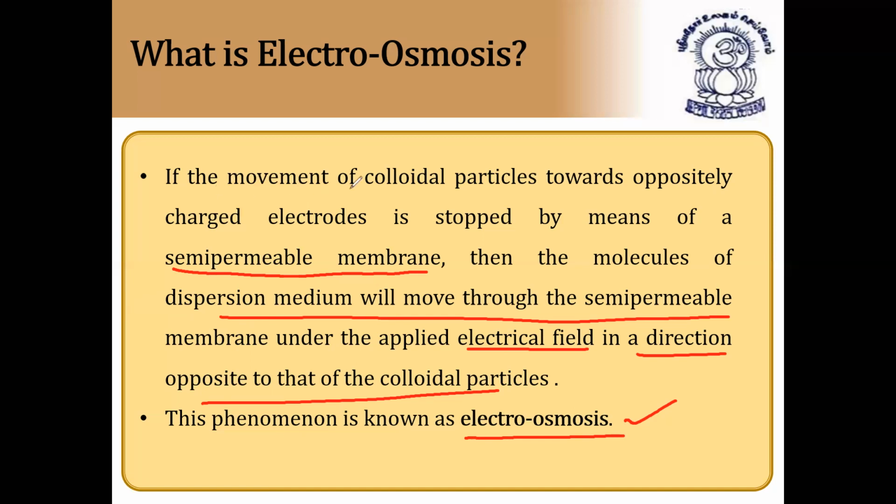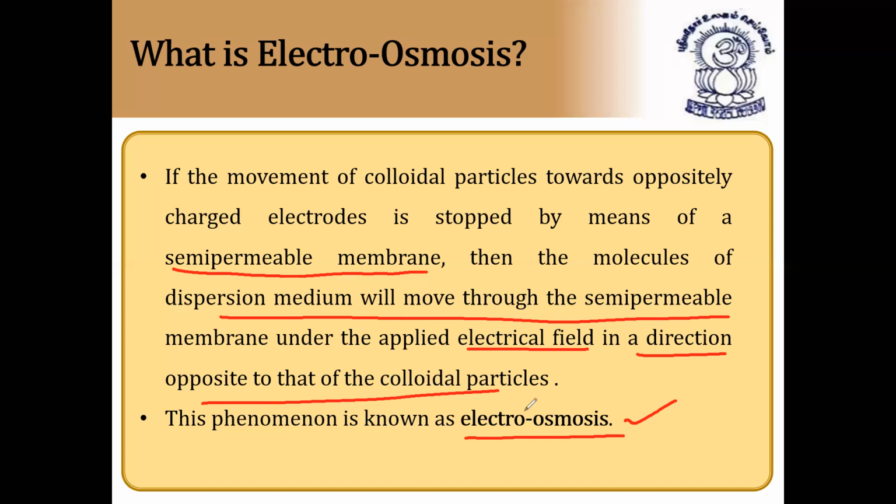If the movement of colloidal particles towards oppositely charged electrodes is stopped by introducing a semi-permeable membrane in the electrophoresis experiment, then the molecules of the dispersion medium will move through the membrane under the electric field in a direction opposite to that of the colloidal particles. The underlined statement is very, very important; please note it down in your classwork.